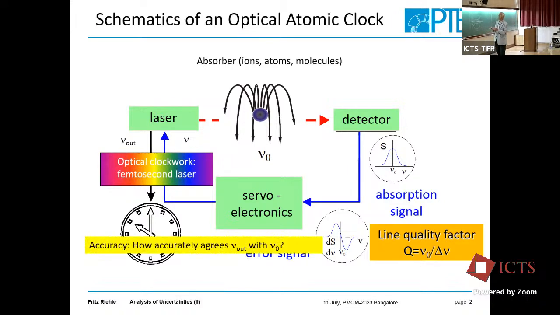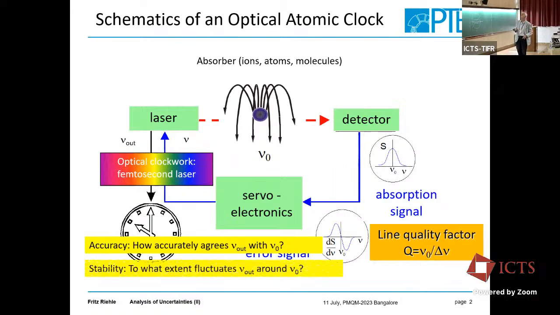We ask ourselves about accuracy, and this means here how accurately nu out agrees with the transition frequency nu0. We can also ask the question, what about the stability? To what extent does the frequency nu out fluctuate around nu0?